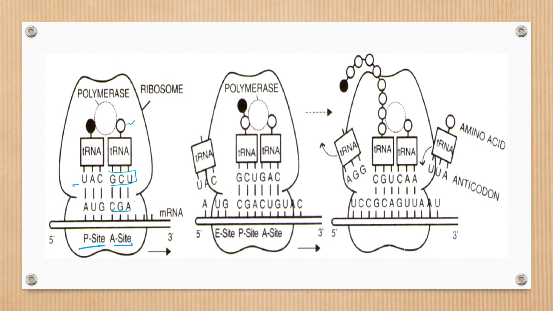These two amino acids are shifted to the P site, and again a new amino acid is brought by tRNA onto the A site. So the chain is polymerized, that means the bond is formed between these amino acids.